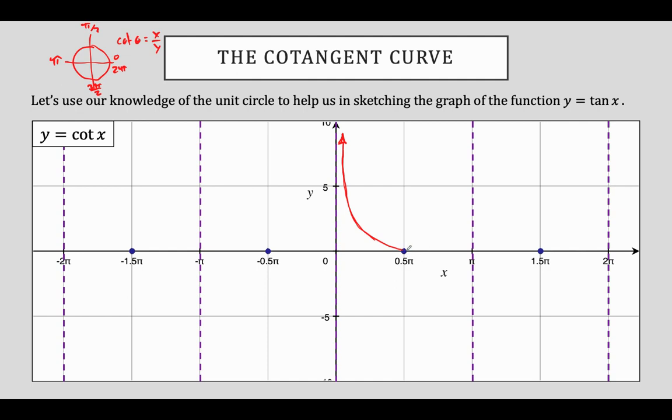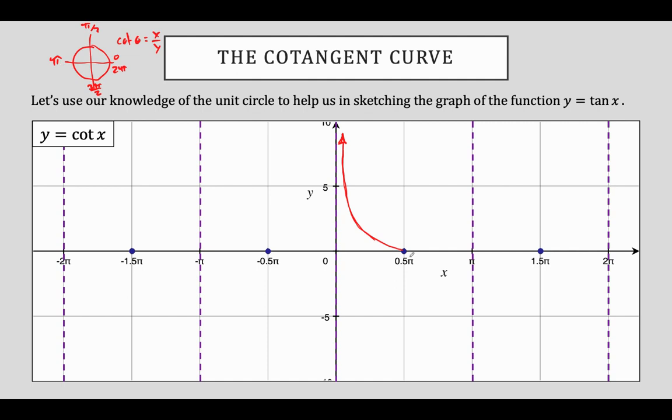Okay, and as we move to the right, pi over 2 to pi. Well, on the unit circle, that corresponds to the second quadrant, angles in the second quadrant. And we know that cotangent must be negative in the second quadrant. All of my outputs for cotangent for angles in the second quadrant are going to be negative.